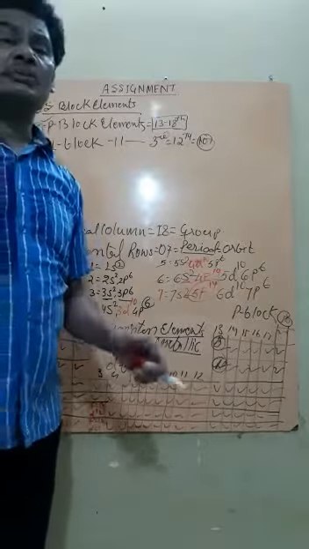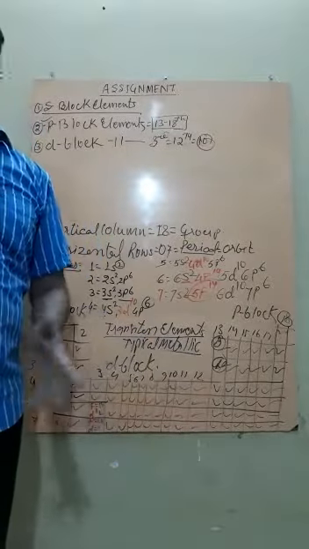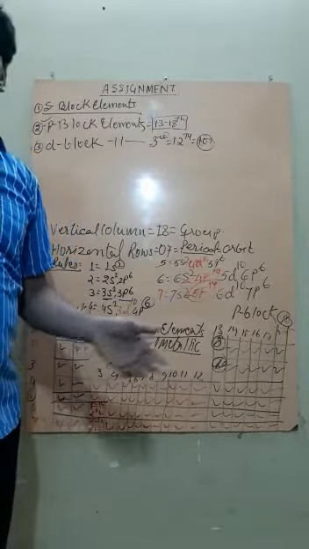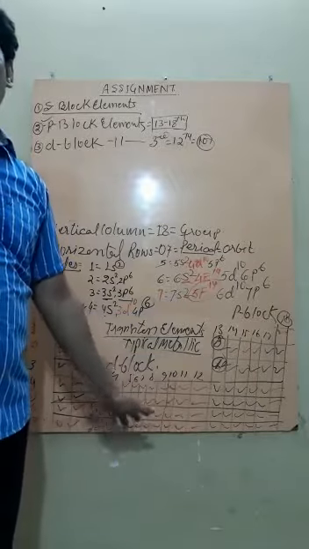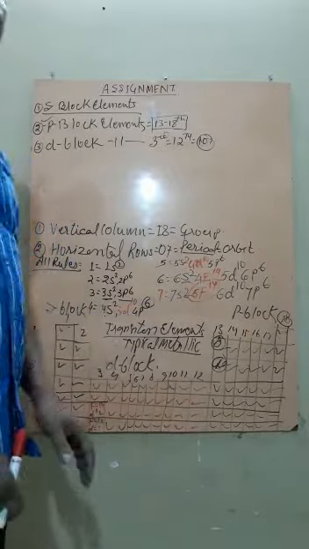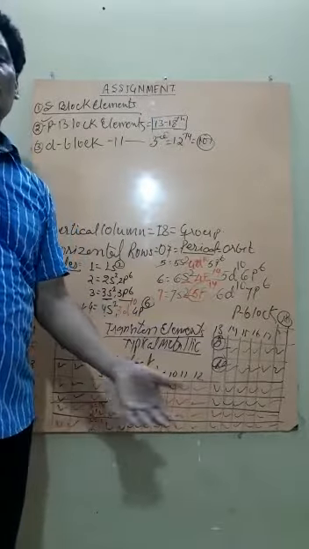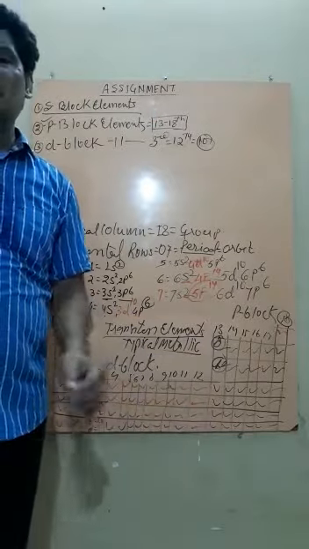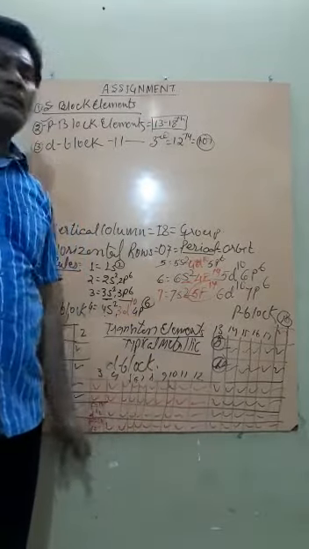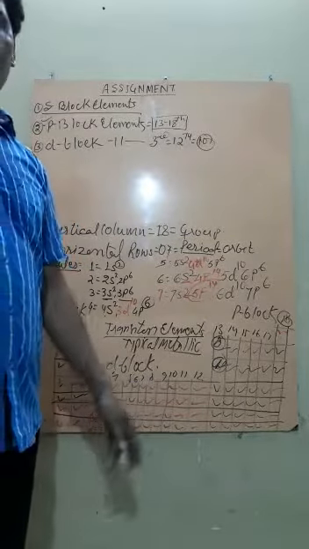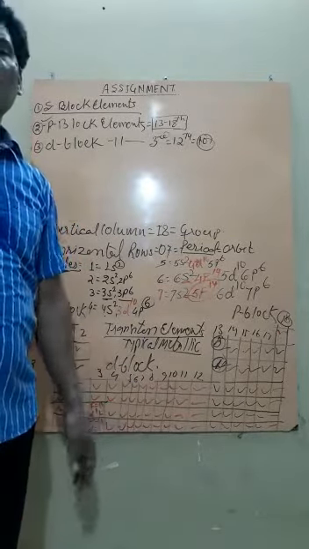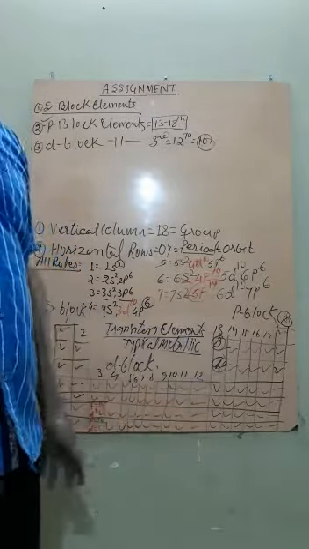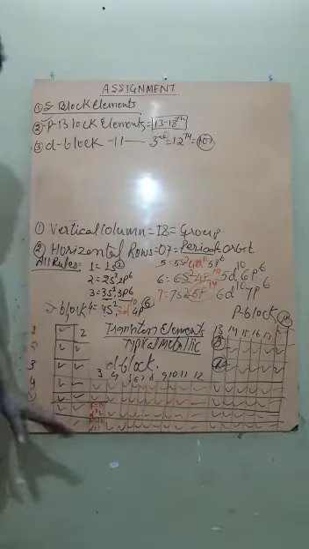You will find all these metals in this block, like copper, iron, cobalt, nickel, silver, gold and platinum. They show all metallic properties like malleability, ductility, lustrous, sonorous, good conductor of heat and electricity, solid, very high density except mercury, very high melting point and very high boiling point. These are the typical properties of metals, therefore called typical metals.